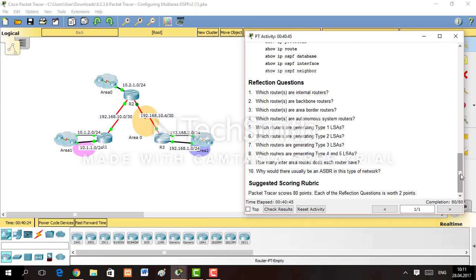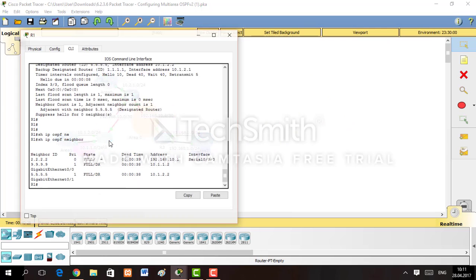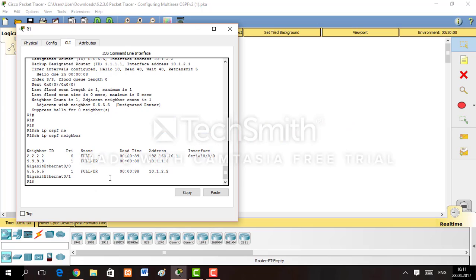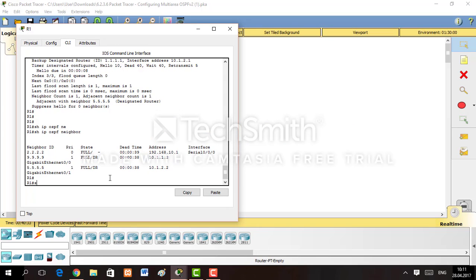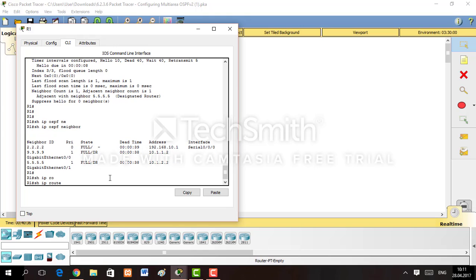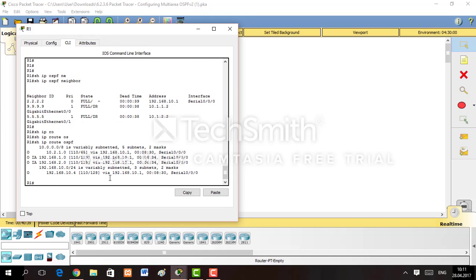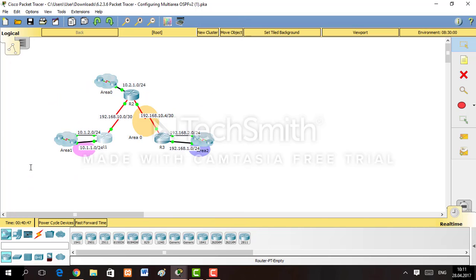How many inter-area routes does each router have? Let's look in the table. Show IP route OSPF. So here we have that inter-area, we have two routes.